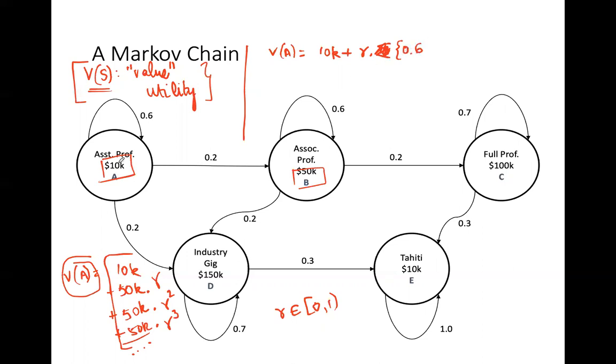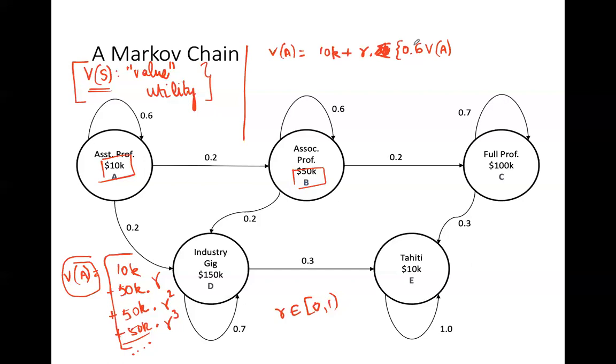And then what is the value associated with that outcome? Well, if I find myself back in state A again, then I should multiply this by gamma times V of A again. So I collect an immediate reward, and then this term encodes my potential future earnings, weighted by the probability that I find myself in that scenario.